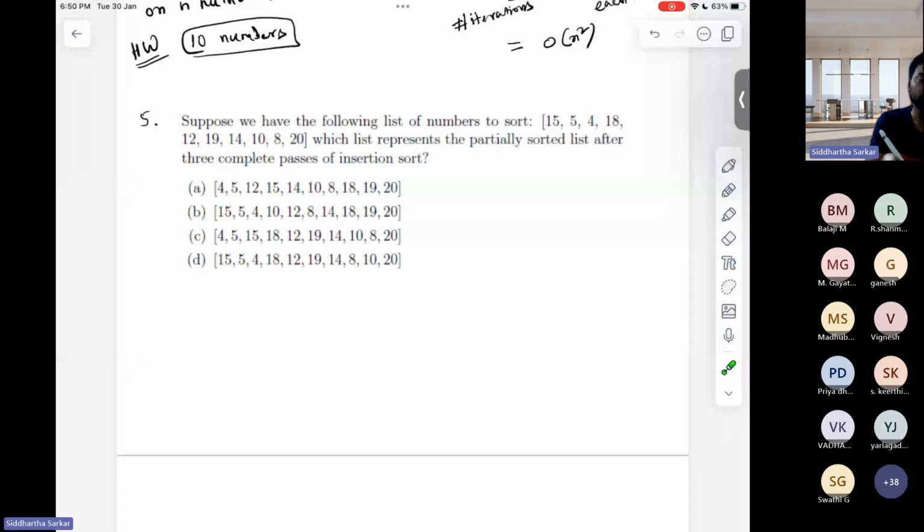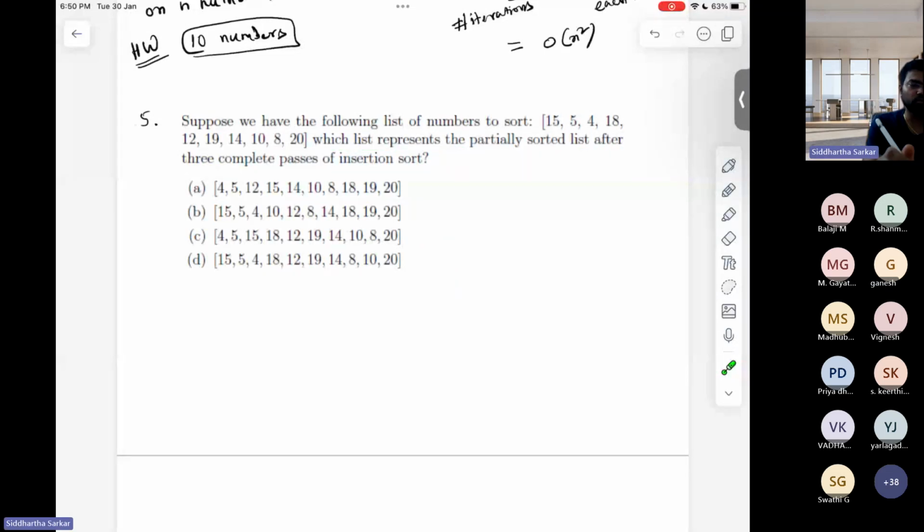We have the following list of numbers to sort, and we apply insertion sort on this list of numbers. The question is, out of these 4, which list represents the partially sorted list after 3 complete passes of insertion sort?